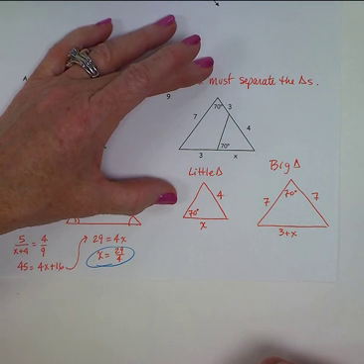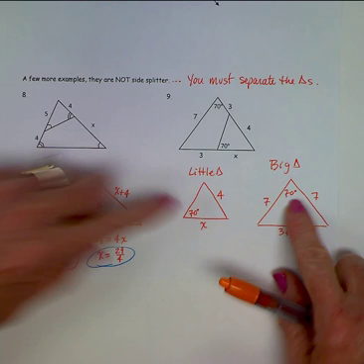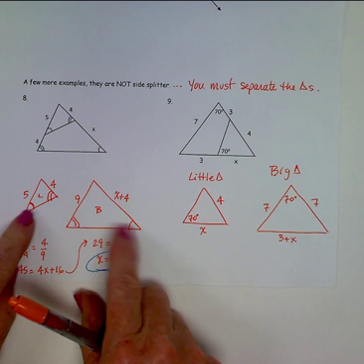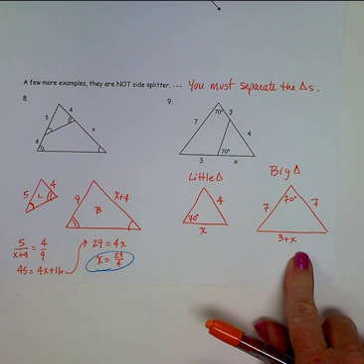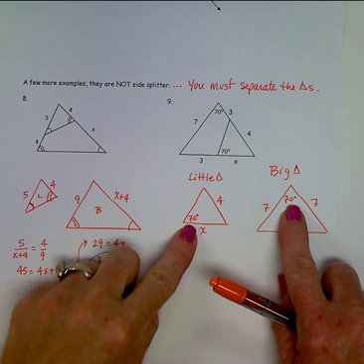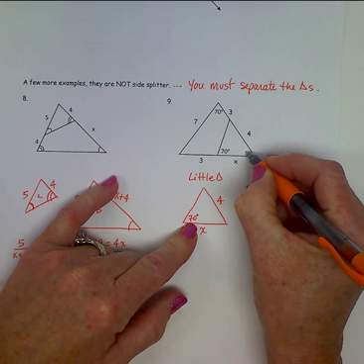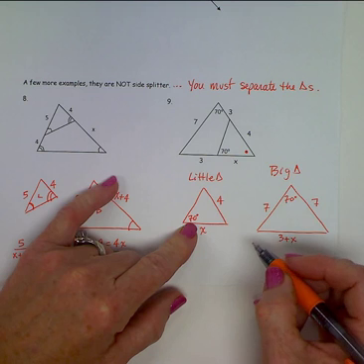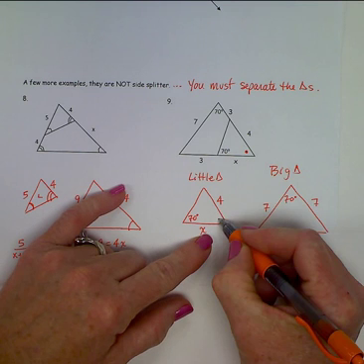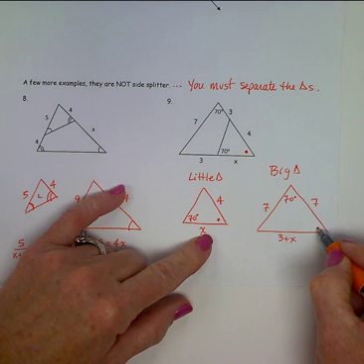All right. Now we're in a bit of a bind because I only have one pair of angles matching up. This one, I had two pair of matching angles, so I could kind of figure out how they matched up. But over here, I don't have that. I only have this 70 degree angle right here. However, if you notice, this angle right there is in both triangles. That angle is this angle in the little triangle, and it's this one in the big triangle.